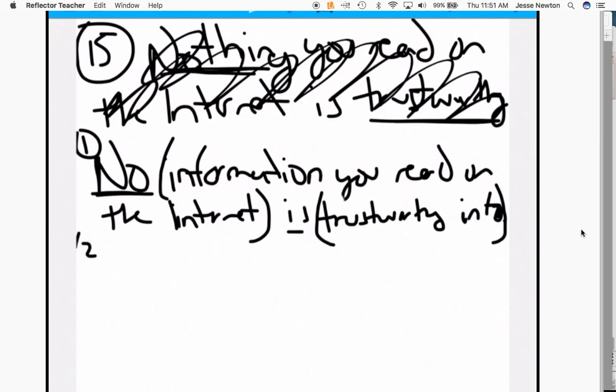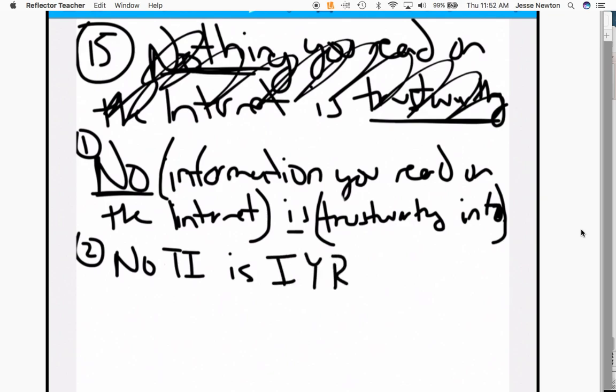Well, we just flip the subject and predicate. So we'll say no trustworthy information. I'll put this in capitals since we're abbreviating. No trustworthy information is information you read on the internet. That is too complicated.